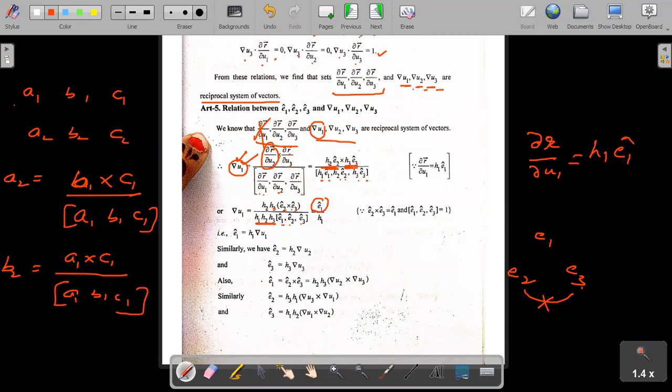So if I do it like this, E2 cross E3 will be how much? What is the scalar triple product of E1 E2 E3? This is E1 dot E2 cross E3. What is a scalar triple product? A dot B cross C, so A is E1, B cross C is E2 cross E3. Now what is E2 cross E3? Look at it in the ijk form, I have made this figure as well. From this figure, what will be E2 cross E3?